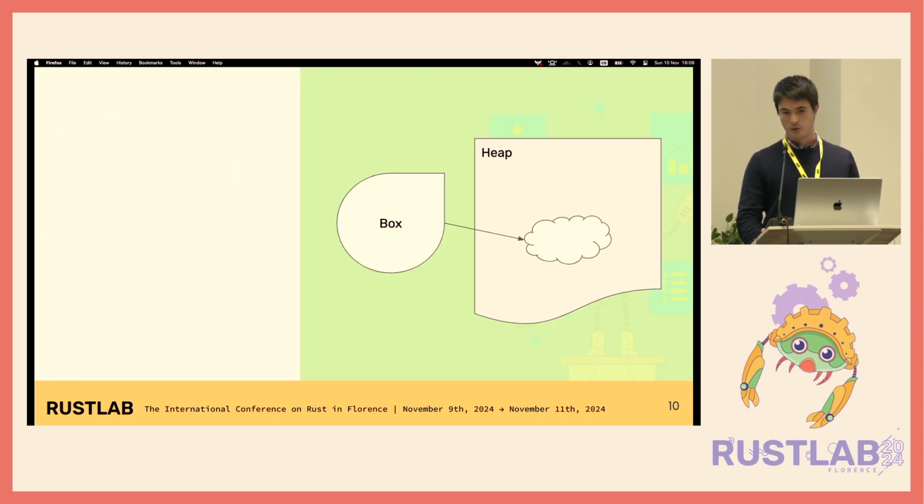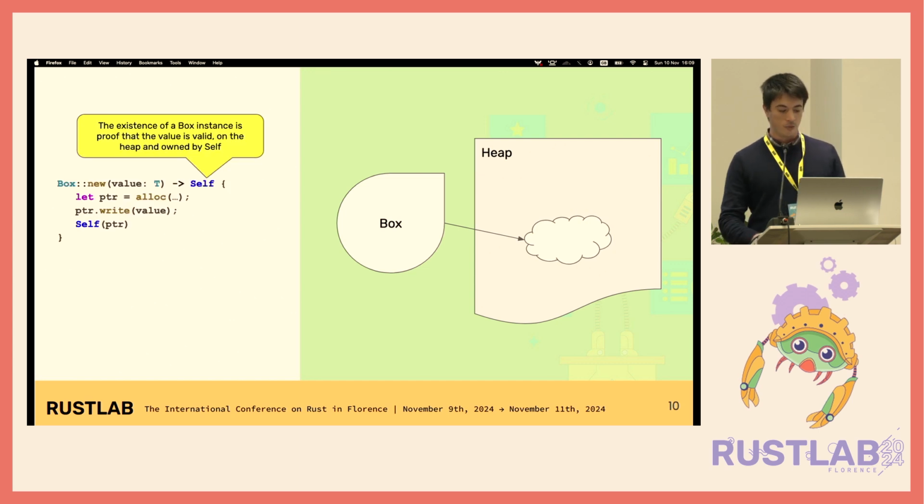The classic example of this is boxing. Here we have an object, the box, that lives on the stack, but it manages some data that lives on the heap. When we construct a box, we provide some value, the value t, and the box is responsible for managing the memory and also representing the fact that you are the only owner of the data and you are responsible for cleaning it up.